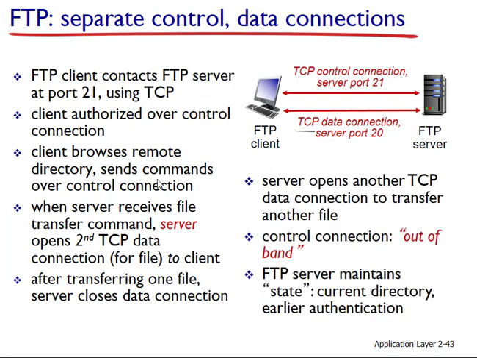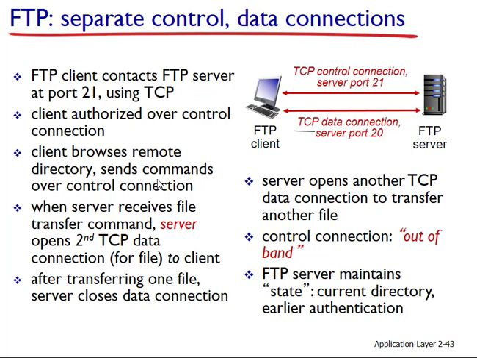HTTP and FTP are both file transfer protocols and have many common characteristics. For example, they both run on top of TCP. However, the two application layer protocols have some important differences. The most striking difference is that FTP uses two parallel TCP connections to transfer a file, the control connection and the data connection.